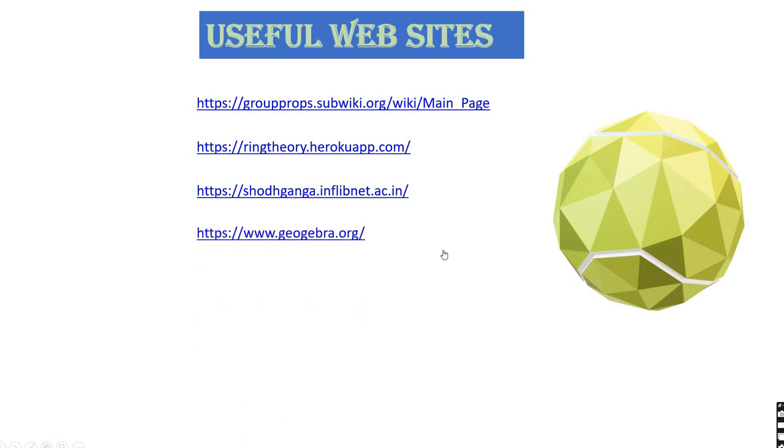And GeoGebra, a very interesting one for the dynamic project, and SymbolLab. Suppose you have to find an orthonormal basis for a given basis in R3, in a few minutes, or rather a few seconds, you can have the answer for that. For that, SymbolLab as well as wolframalpha.com, both sites will be very useful.